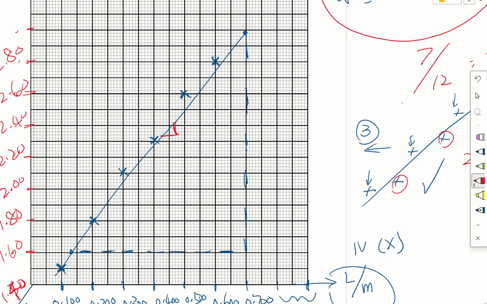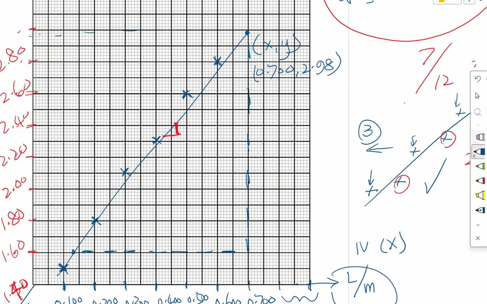This is not good, because the percentage error will be very large. So I choose my gradient triangle as large as possible, preferably more than 50% of the line. Then what is more important is I need to label x comma y. That means I need to read, in this case 0.700, and in this case about 2.98.